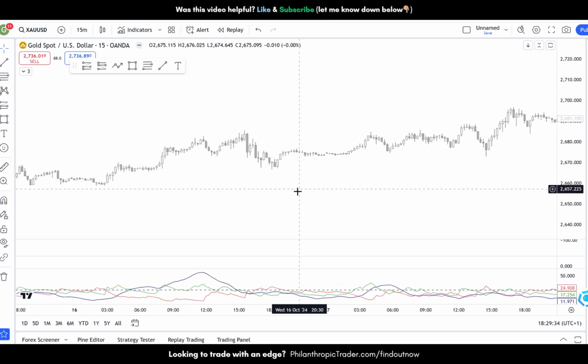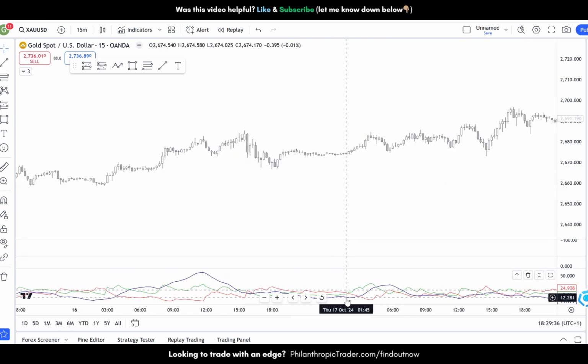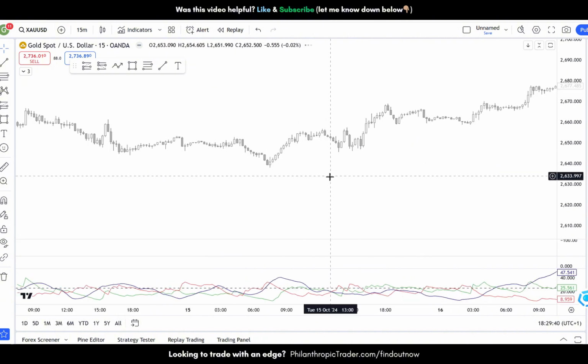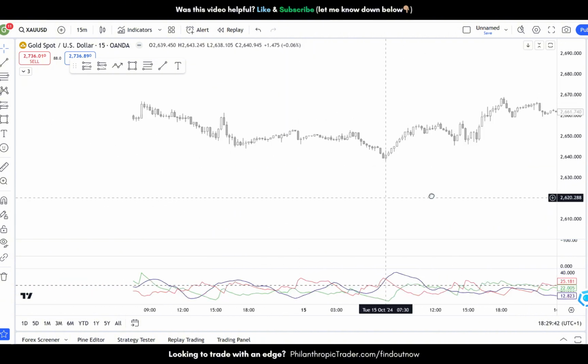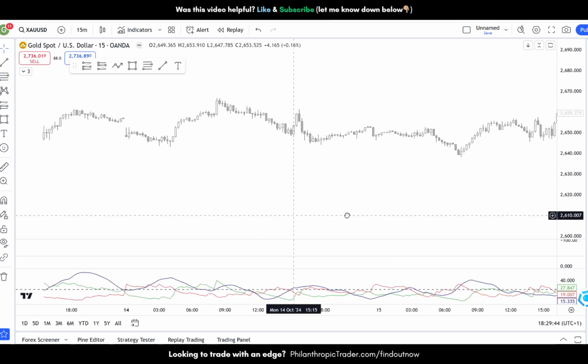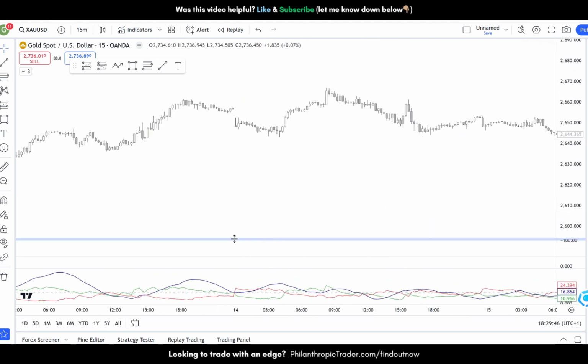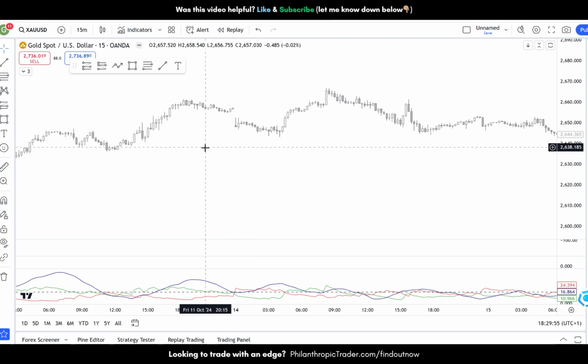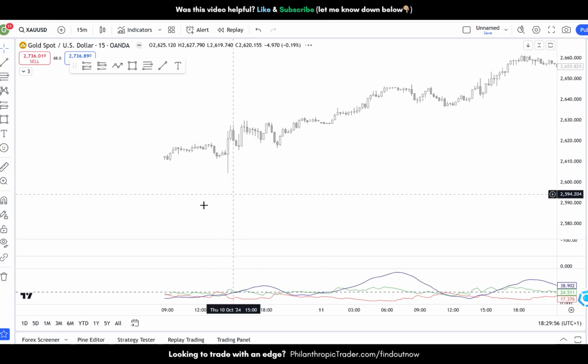We do see crosses, but again, the strength isn't that high. It's low. This could be a sell, but it's a strange trade. It's also at night, so we don't take that one.